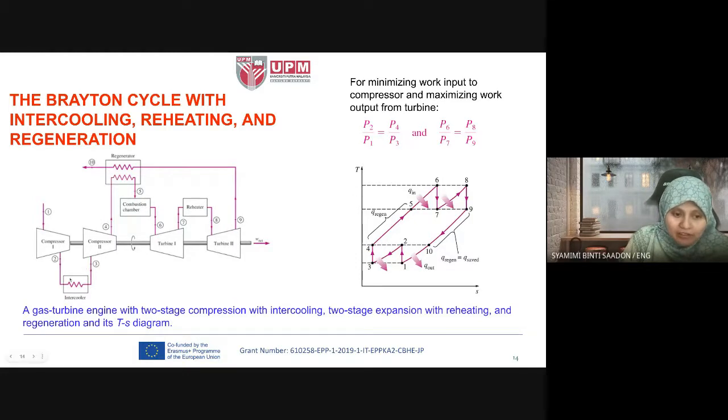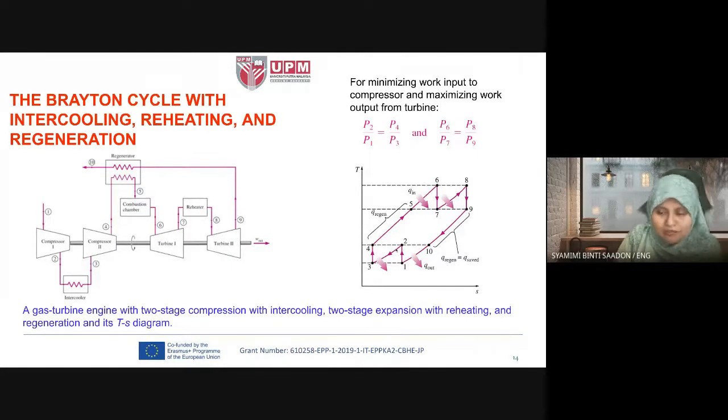So we add a heat exchanger which acts as an intercooler between the two stages of the compression process, low compression and high compression. So what does this intercooler do? It can help to minimize the work input in the compressor.